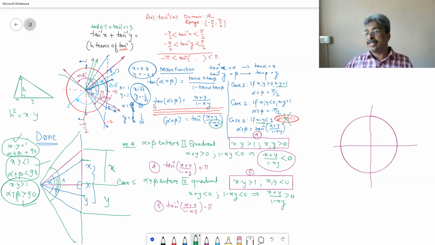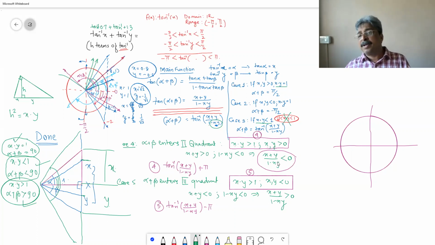If x and y are negative and xy is greater than 1, you have to subtract pi. That is how this problem needs to be remembered, and you will end up using one of these 5 cases in solving problems several times. If you just use the third case for every problem, it will be the wrong answer.